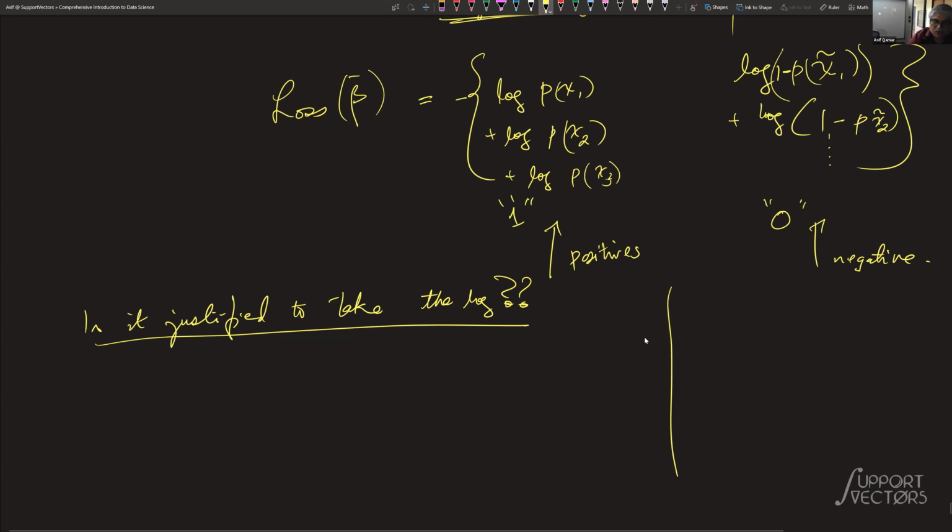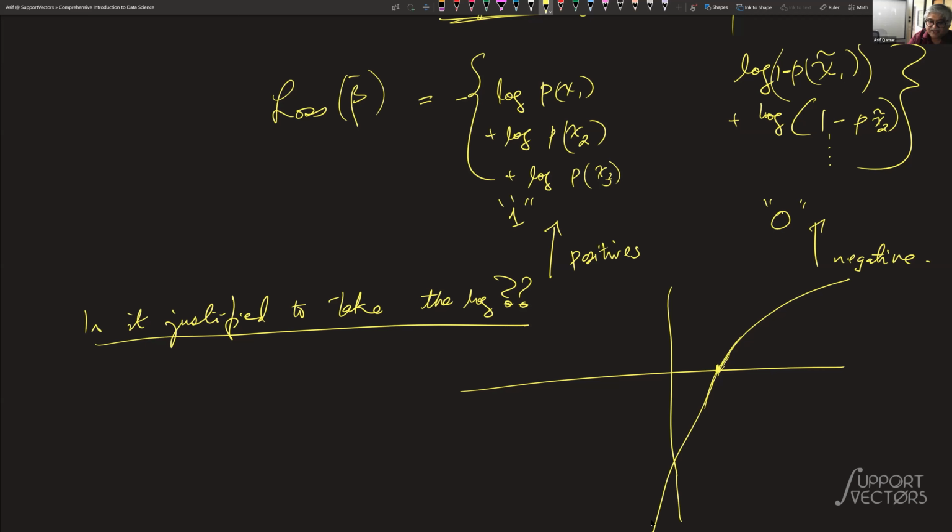What does the log function look like? Log of 1 is 0, it rises up like this, isn't it? And what is log of 0? Minus infinity, right? It keeps going down.